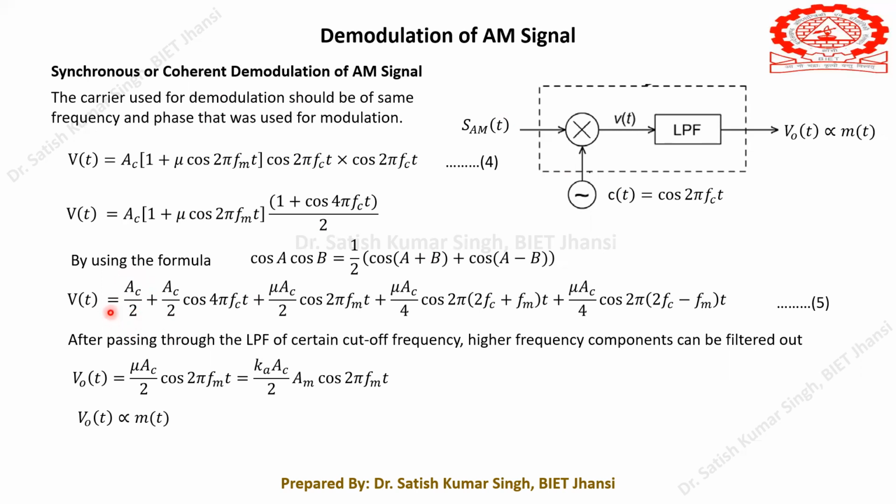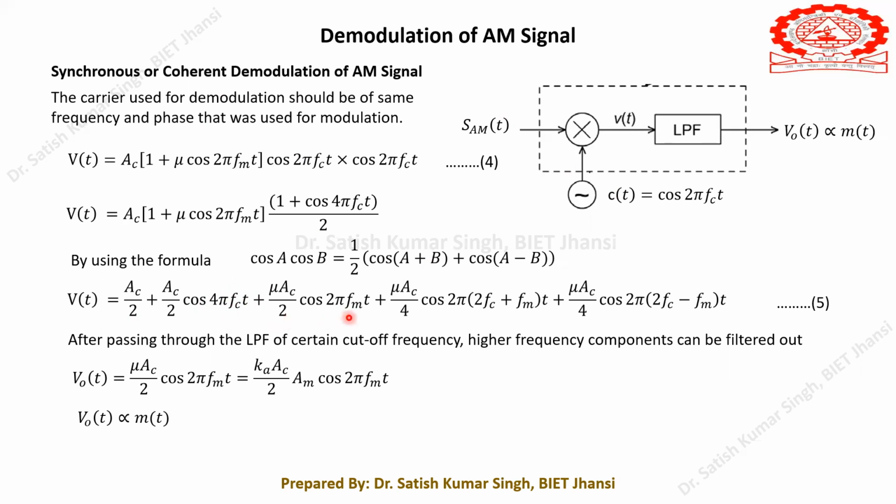Similarly, here AC by 2 represents the DC component. Now we have one AC component, having its carrier frequency at 2fc, because here you can see it is cos 4 pi fct. This can further be written as cos 2 pi 2fct. So this carrier is at 2fc frequency, whatever carrier frequency we choose.